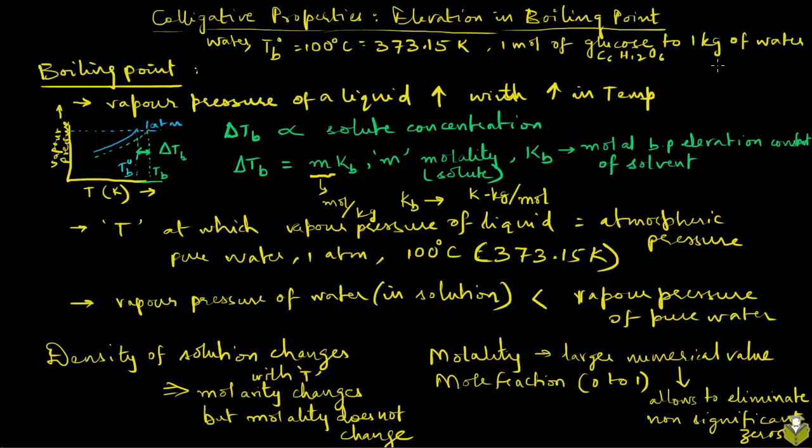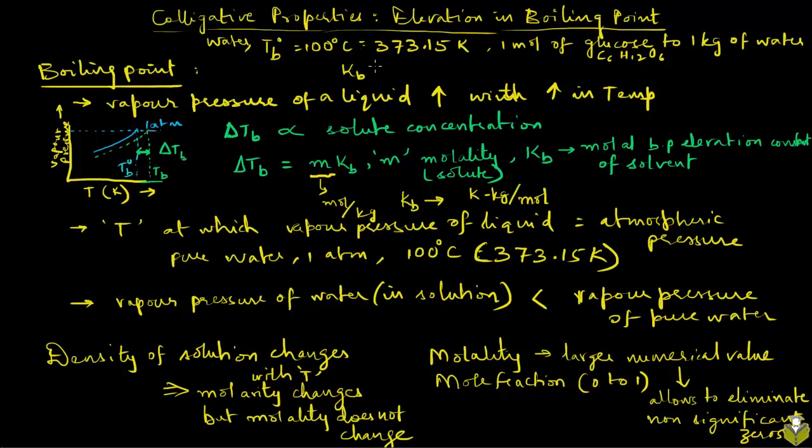So to calculate the elevation in boiling point for this solution here, you need to know what the Kb for water is. You don't really care if you're dissolving glucose or salt or what other solute, because as we said, for colligative properties, the primary dependence is on the number of particles rather than the kind of particles. But again, keep in mind that there are going to be deviations from it. These are all simple models.